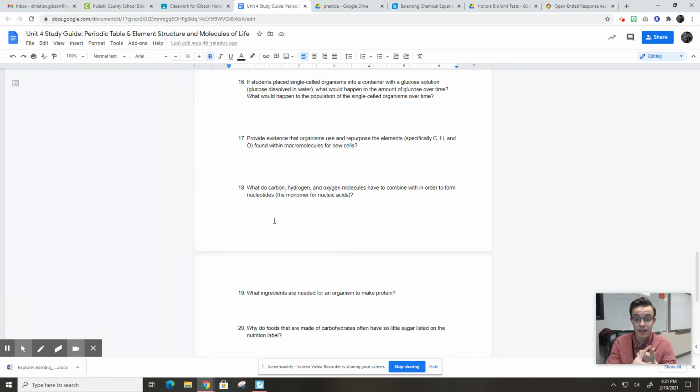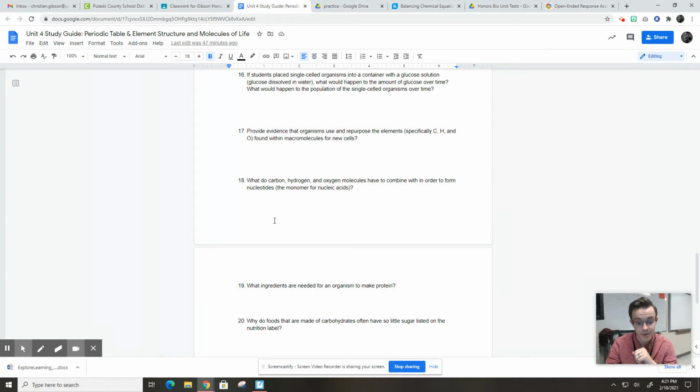So that's one thing that they have to combine with to form a nucleotide. Something else they have to combine with is something called a nitrogen base, and that's our A, T, C, and G that we're used to thinking of when we think of DNA. And guess what element is in a nitrogen base? Well, you've got CHO, but you also have nitrogen. So those are the two other things, phosphorus and nitrogen, that carbon, hydrogen, and oxygen must combine with in order to form a nucleic acid.